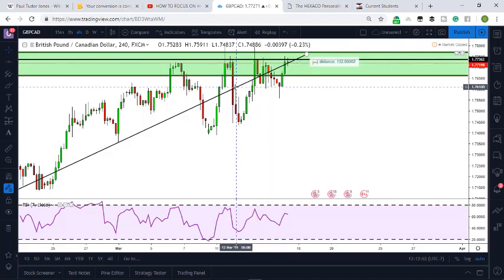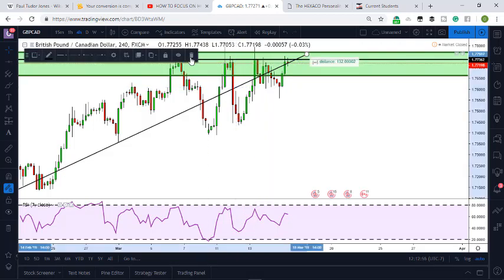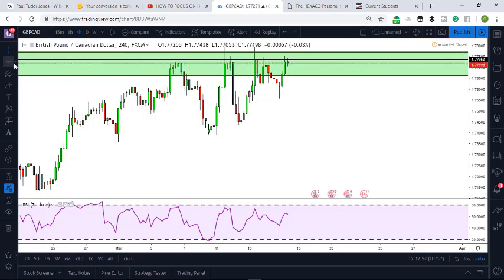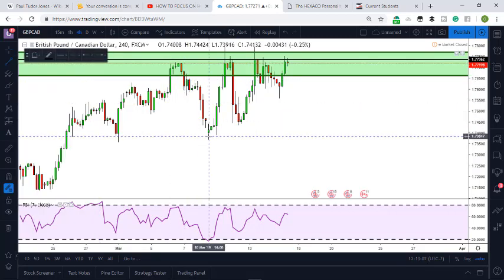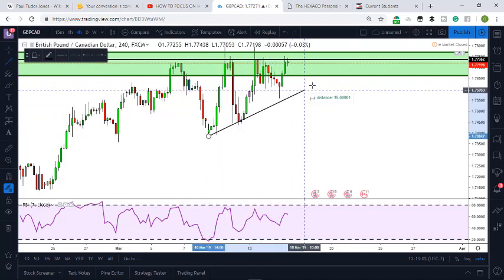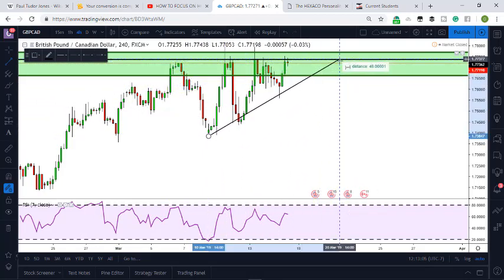Now another interesting thing about this leg is that we have a wedge pattern. If you're familiar with the wedge pattern, you can notice that we have one here; if not, don't worry about it.